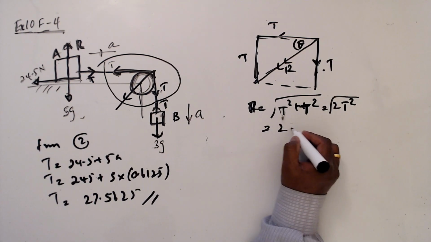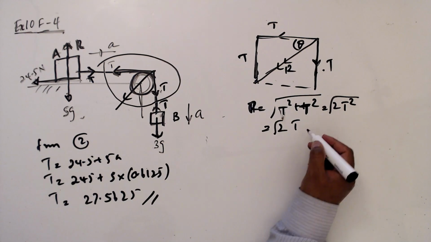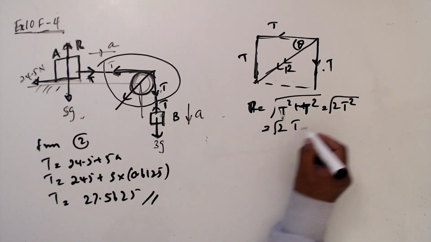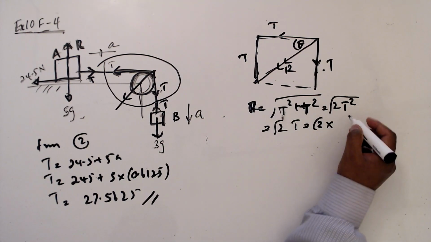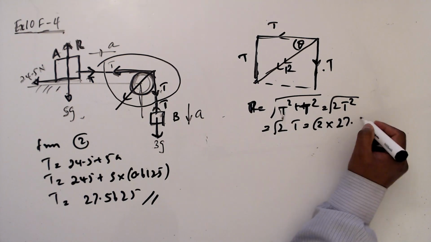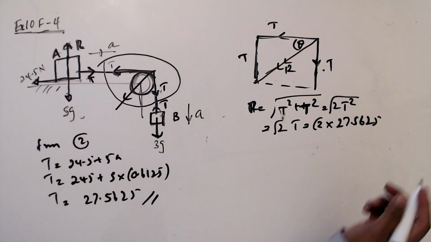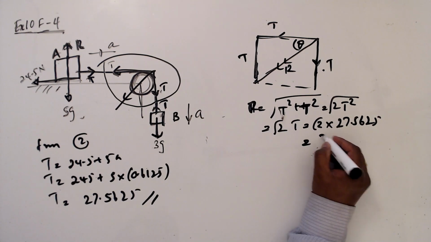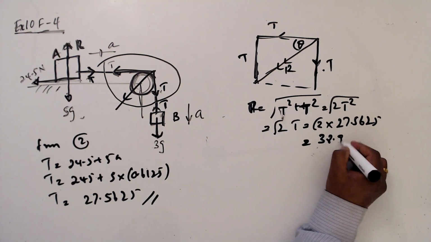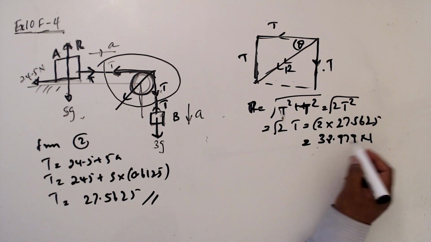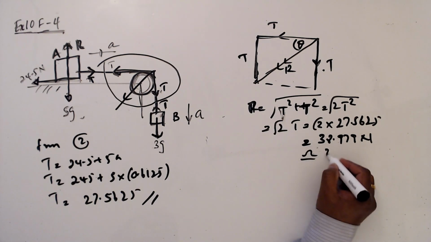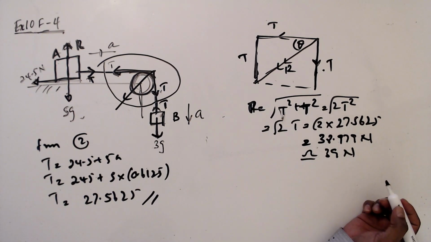It means square root 2 times T. So we know the tension: square root 2 times 27.5625. So you will get 38.979 Newton. So approximately you can write 39 Newton.